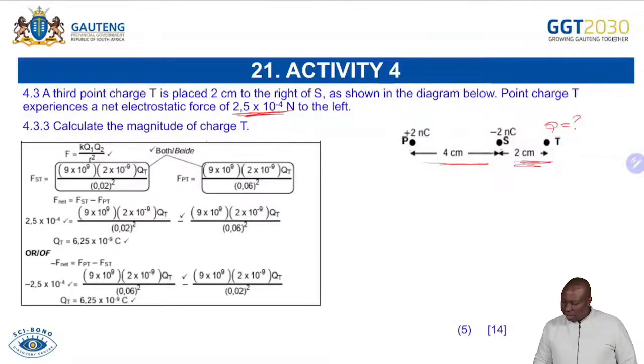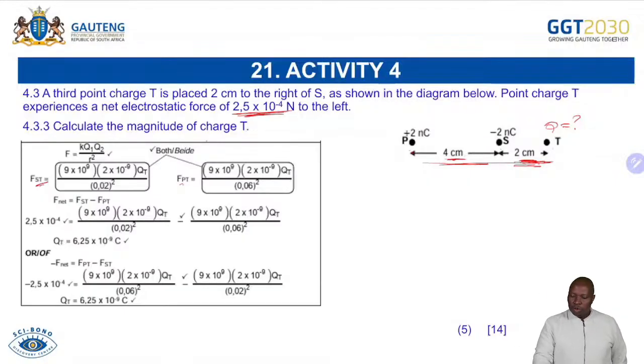Remember, we have these 2 charges, and all of them experience forces due to these 2 forces. So this one, force PT, and the force ST. Don't forget, for ST, we're having 2 centimeters. You divide by 100, you get 0.02. For PT, you are having 0.04 plus 0.02, which is 0.06.